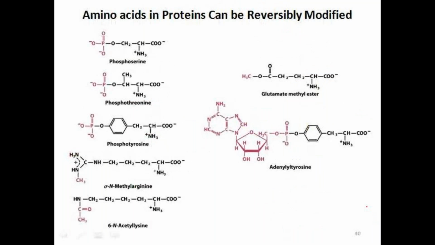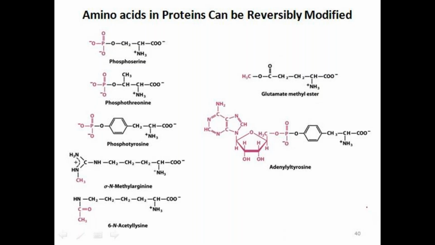Next, the amino acids in proteins can be reversibly modified. That means the structure of these amino acids can be modified, forming different forms, mainly phosphoserine and phosphothreonine.